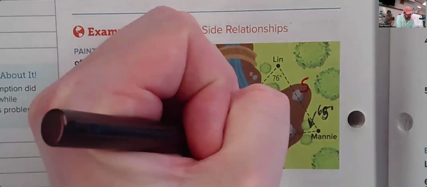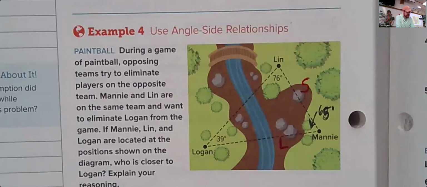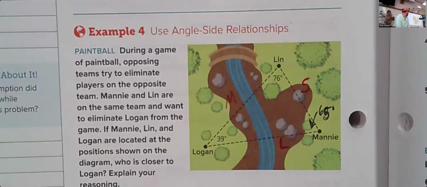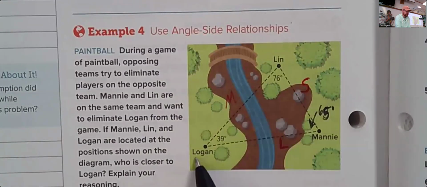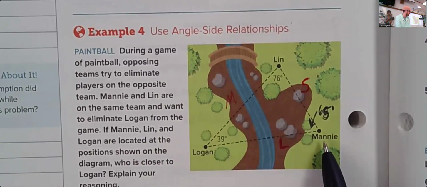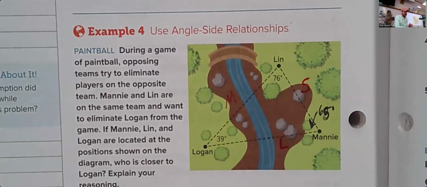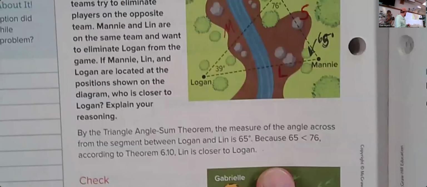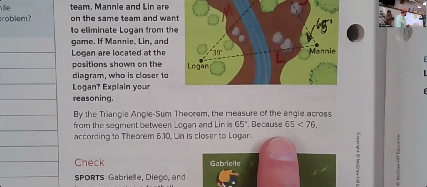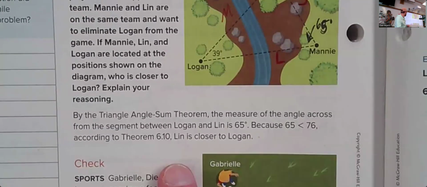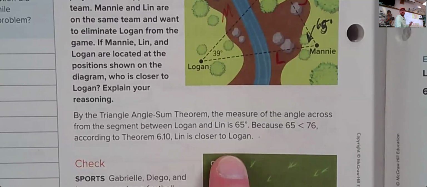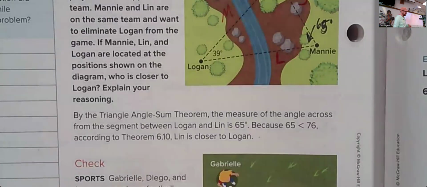Across from Lynn. That's the longest side. And so the medium length side is going to be here. So Lynn is closer because the distance between Logan and Manny is the longest distance in that triangle. And the medium distance between Logan and Lynn is going to be shorter than that. And so it just says right here, 65 degrees because 65 is less than 76 according to theorem 6-10. Lynn is closer to Logan. So there you go. We can just use the reasoning that we just did on that.